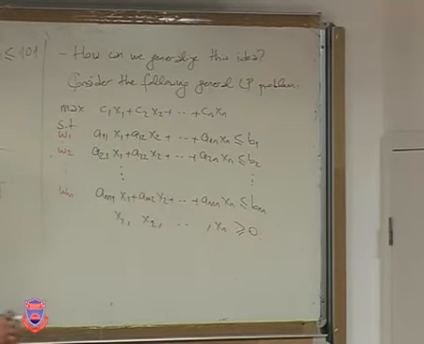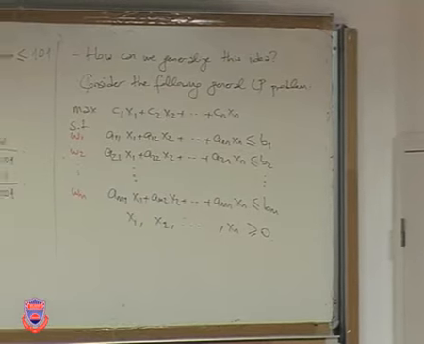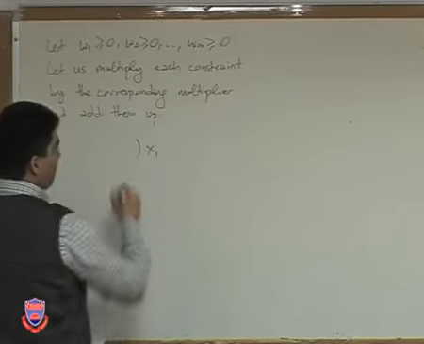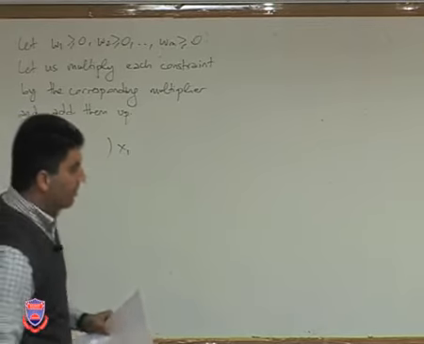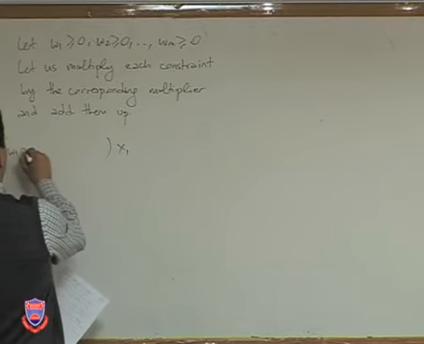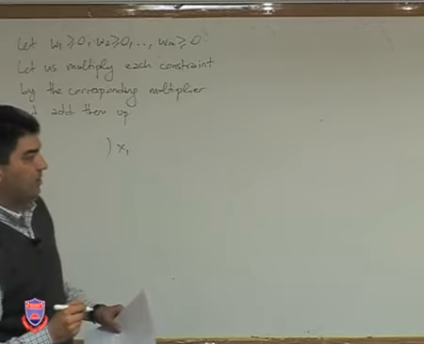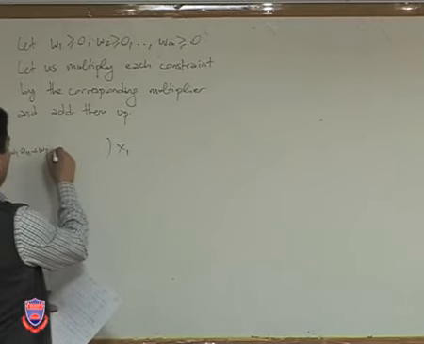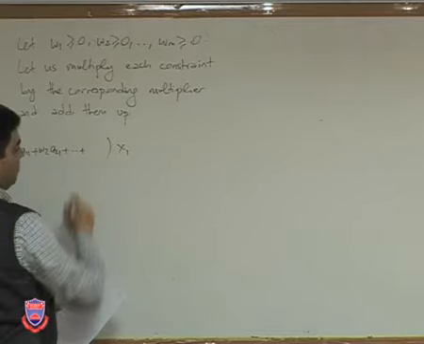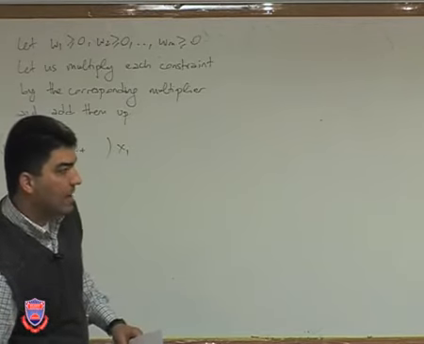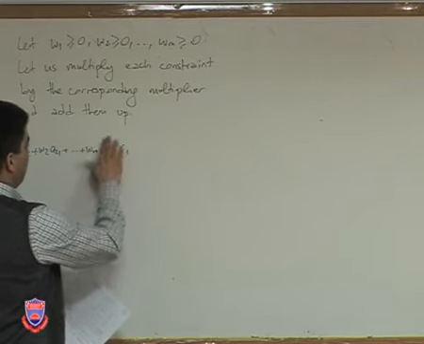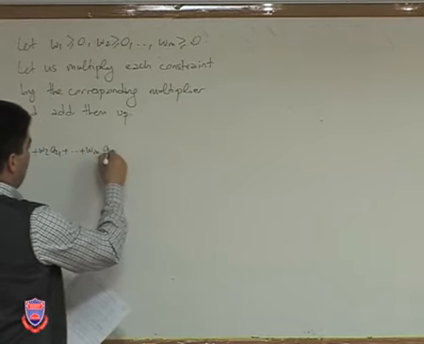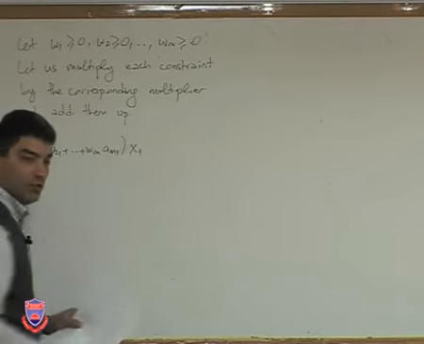So what exactly is the coefficient of x1 in the summation? x1 will be multiplied by W1 A11 plus W2 A21, all the way up to Wm times Am1.